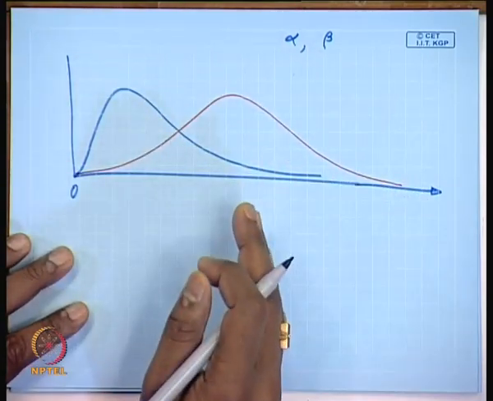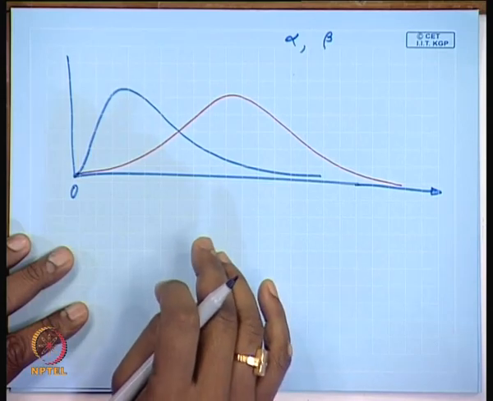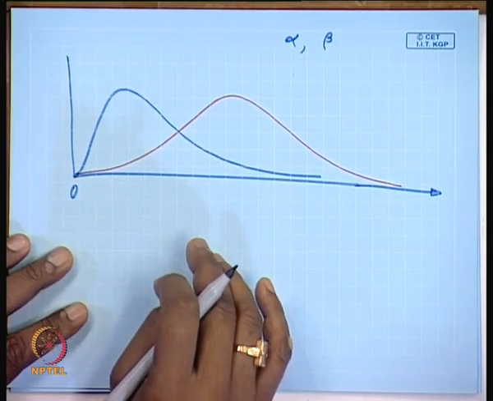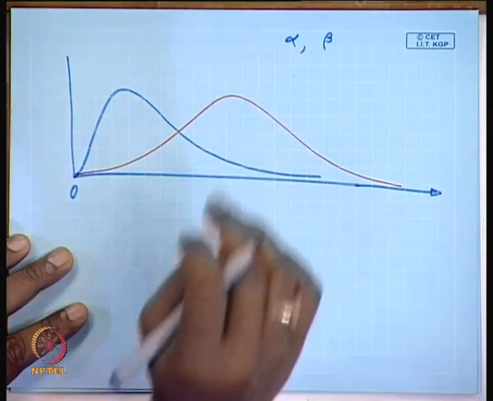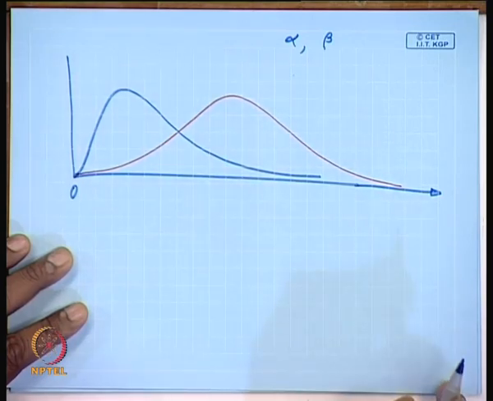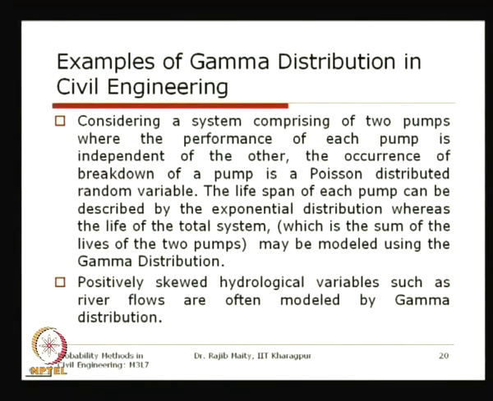That is why we found the application to river flow modeling very suitable for the gamma distribution. This is another application of the gamma distribution to a civil engineering problem.